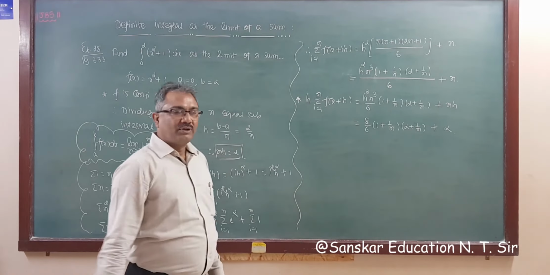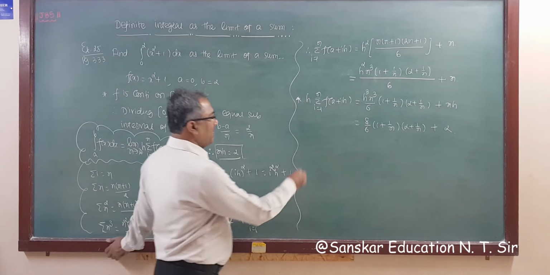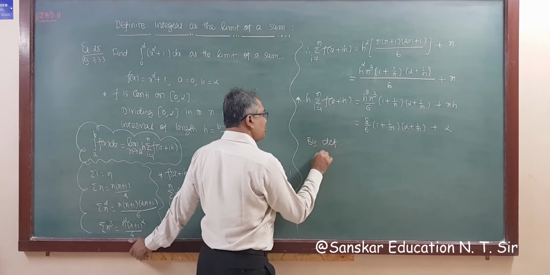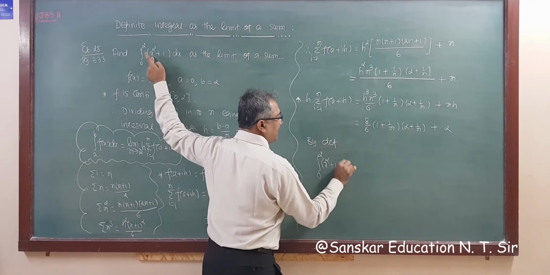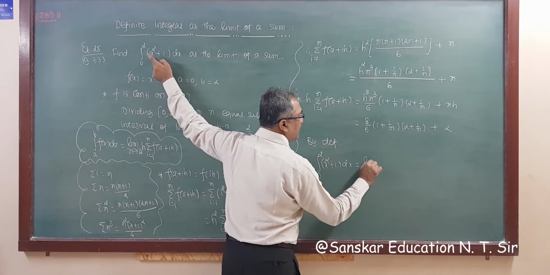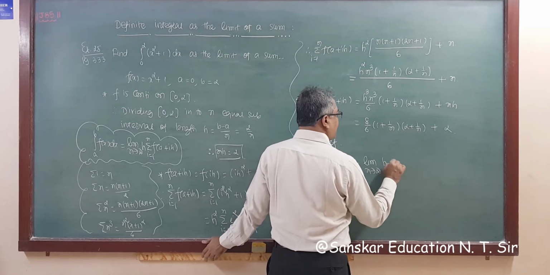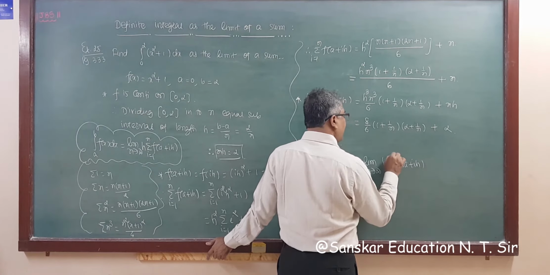So now everything is completed. You have to apply the formula. By definition, what do we get? Integration 0 to 2 of f(x), x square plus 1 dx, is equal to limit n tends to infinity, h into f of a plus ih, i running from 1 to n.